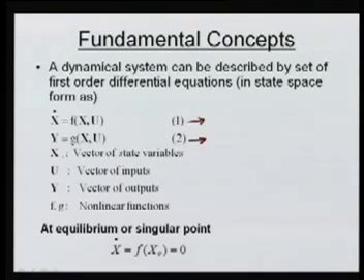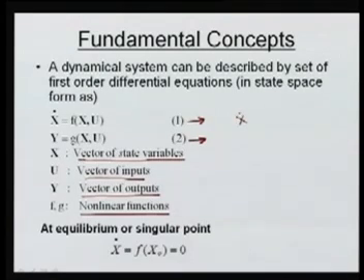x is the vector of state variables, whereas u is a vector of inputs, y is a vector of outputs, and f and g are nonlinear functions. Here x is nothing but x1, x2, and so on, let's suppose if there are n states, so this is a vector.